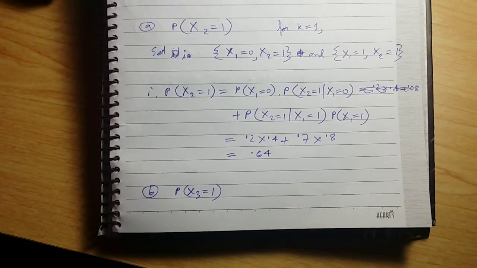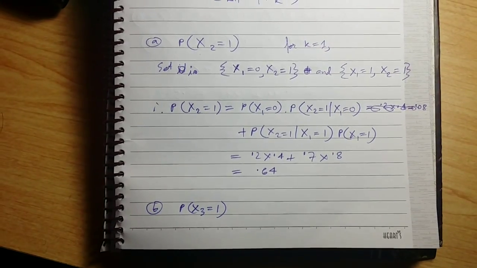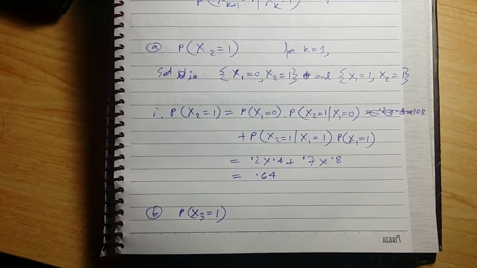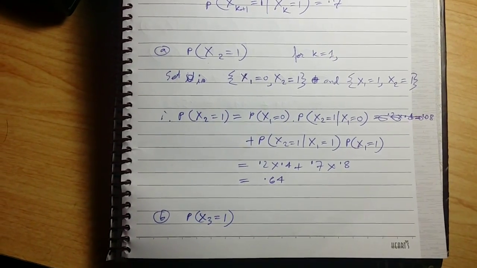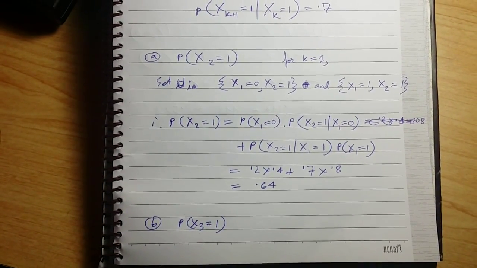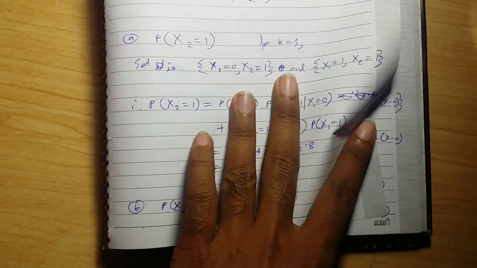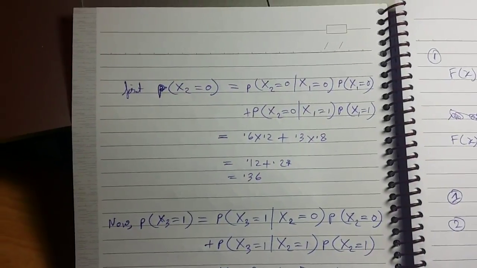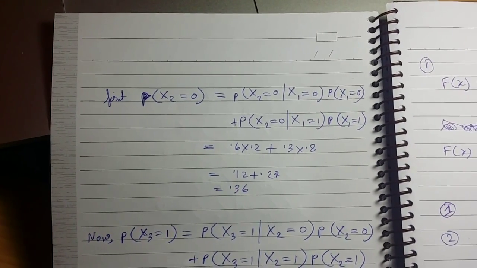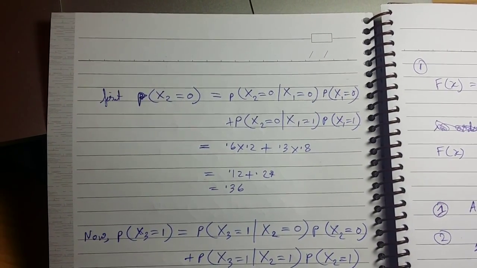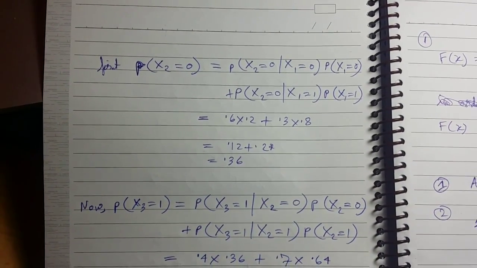For the next part, probability of x3 is equal to 1, we need to find out two things. The first thing, we have already found out the probability of x2 is equal to 1 is 0.64. We also need to find out probability of x2 is equal to 0. So now here we are finding out probability of x2 is equal to 0, and using the same formula from the previous part we find out that it is 0.36.